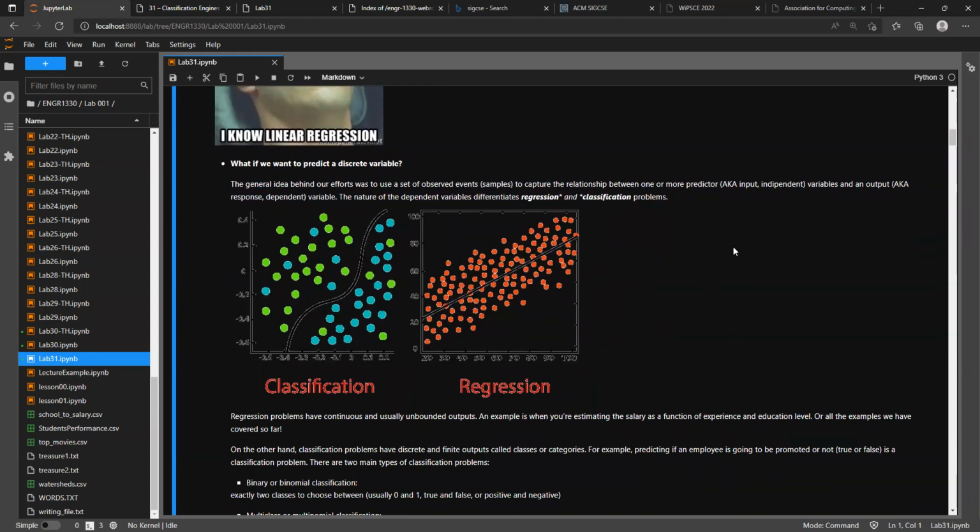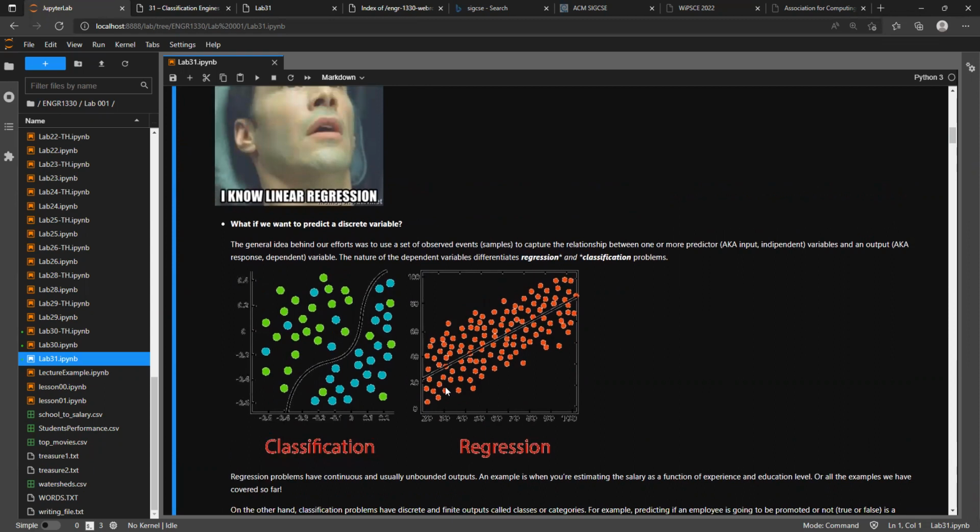So what if instead of wanting to predict where the next data might be going, we want to predict, kind of like I was saying, one way or the other on our data? Is it fair or not fair? Or is it, in this case, green or teal? So that process is called classification.